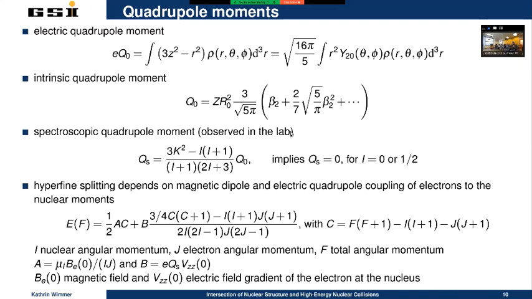What is important is what is observed in the lab, because what we observe in the lab is the spectroscopic quadrupole moment, which is related to the intrinsic quadrupole moment by this formula where I is the spin of the state and K is the projection on the symmetry axis. So if you have a spherical 0+ ground state, then the spectroscopic quadrupole moment is always 0, because I is 0 and K is 0, and the same applies to a 1/2 state. So this quadrupole moment cannot be obtained for even nuclei in this way.